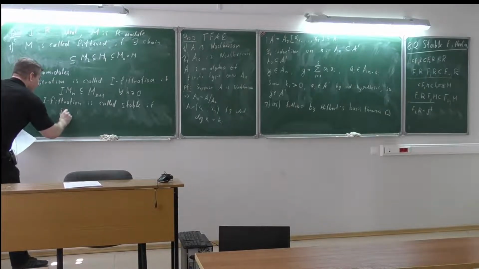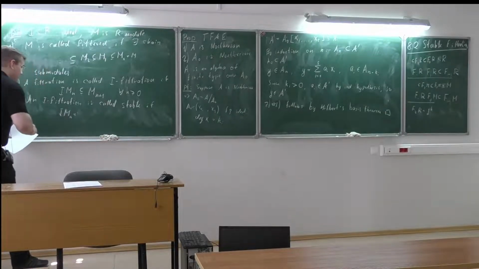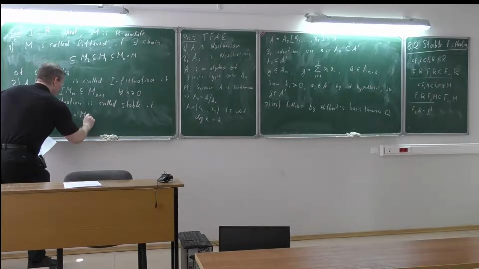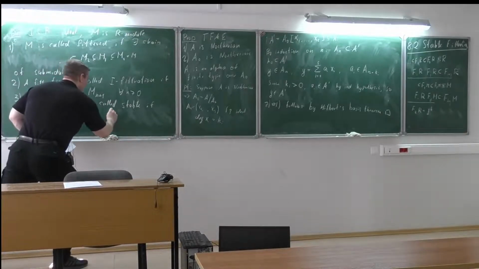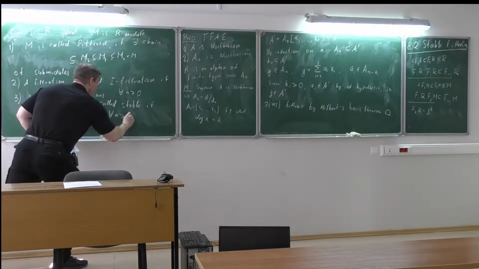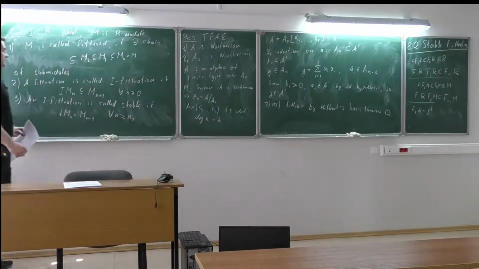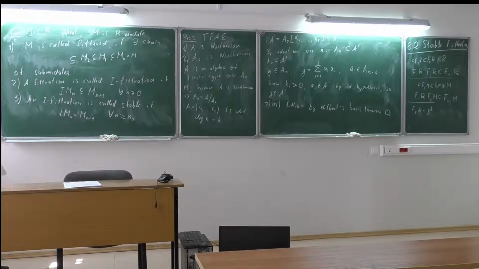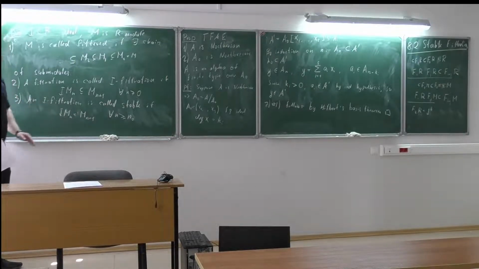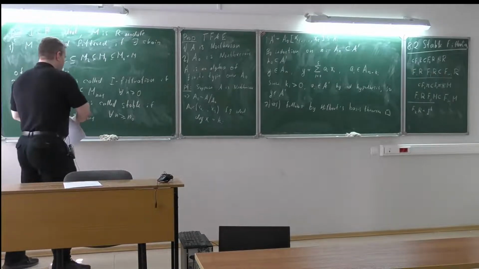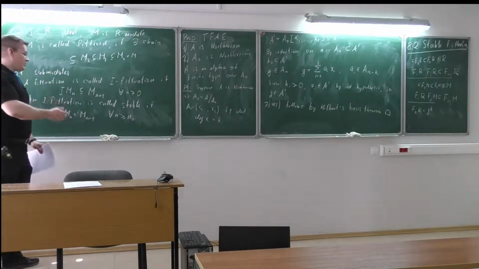So M_n is the same thing as M_{n+1}, but this is for all n greater or equal than some n_0. So for sufficiently high numbers n, they are actually the same. So there is this stabilization of the filtration for sufficiently high n.